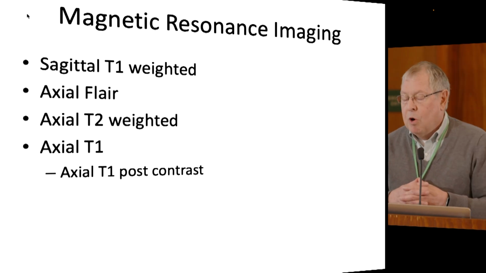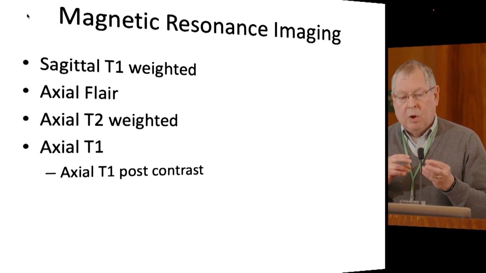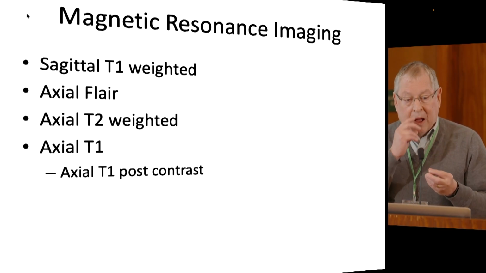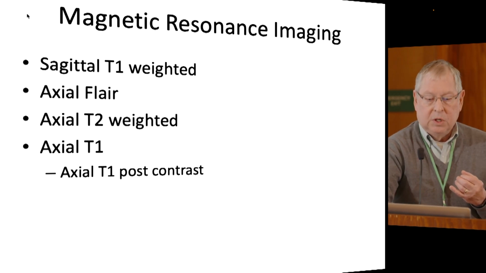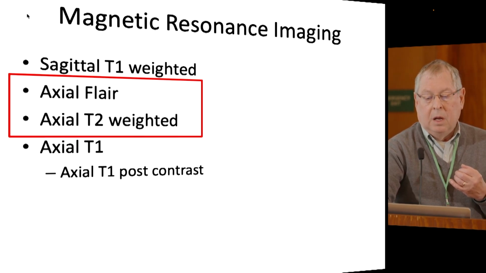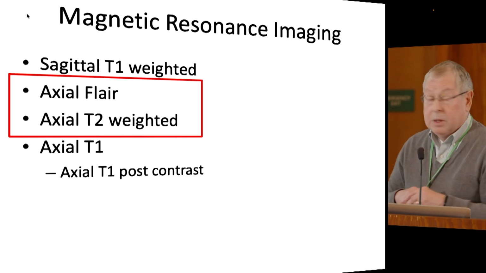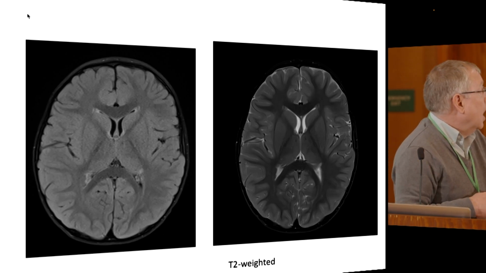Dr. Fatimi spoke about the basic images, and we're going to just touch on some of them. We really want what we refer to as a sagittal T1 weighted, which is this image. We also want axial FLAIR and T2 weighted images, which look like this. Hold on one more second. There we go.